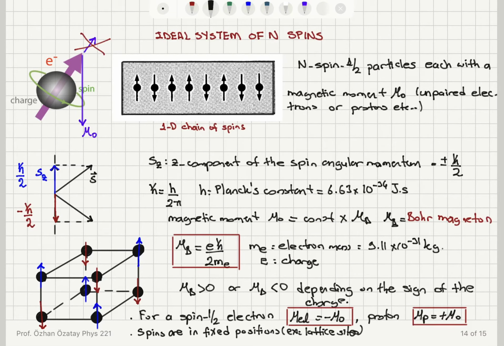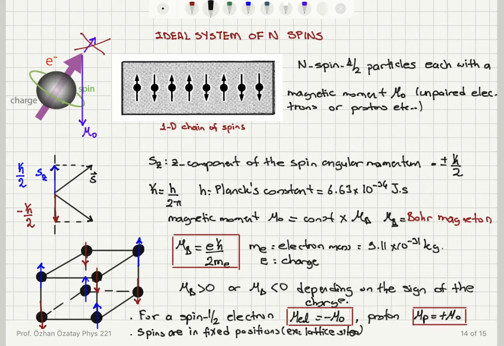We are considering spins as a model to study our statistical methods, and we're considering an ideal system of n spins. What is the meaning of ideal? Ideal means two things. The spins are at fixed locations.